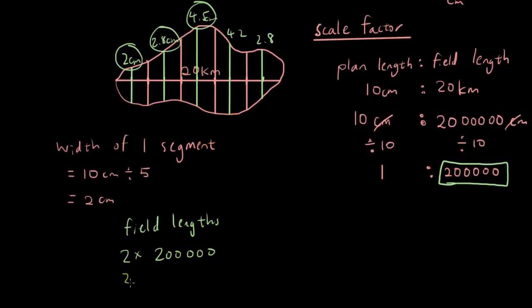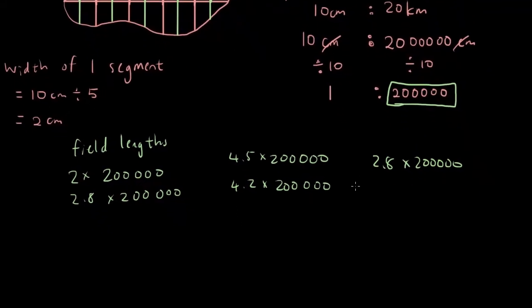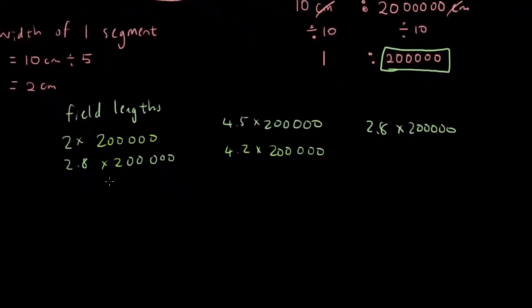So we have 2.8 times 200,000, 4.5 times 200,000, and we're going to do the same to 4.2 and to 2.8. Okay, so let's find the answers to these numbers.